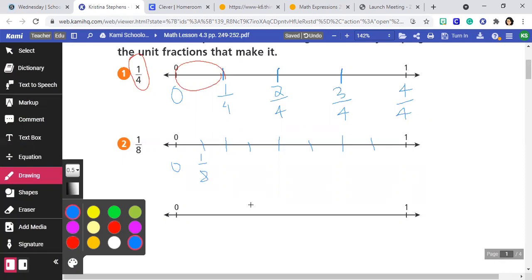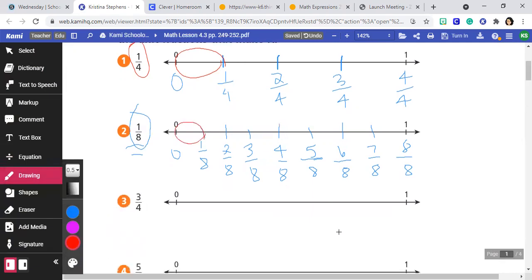Notice that my denominator is always the same as that target fraction. Okay. And again, 1/8 is also a unit fraction, so I'm going to loop one section.